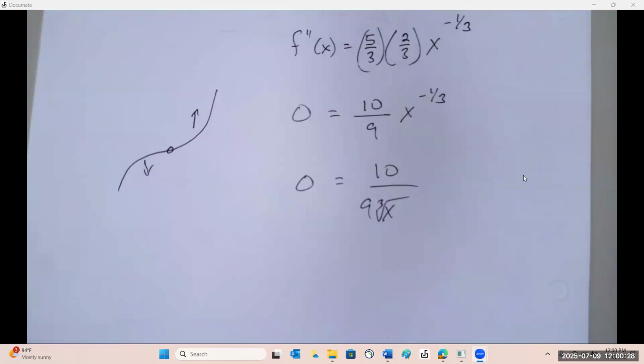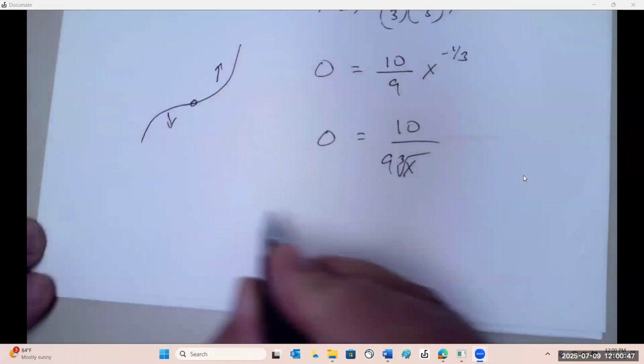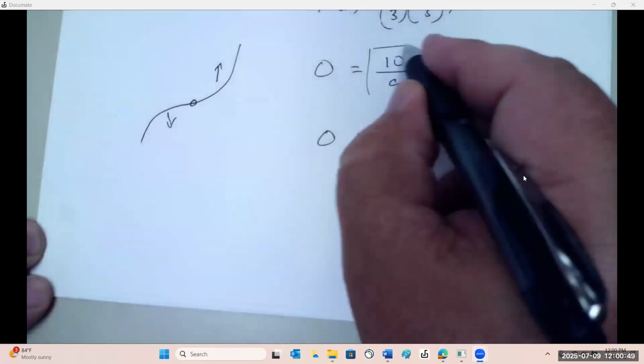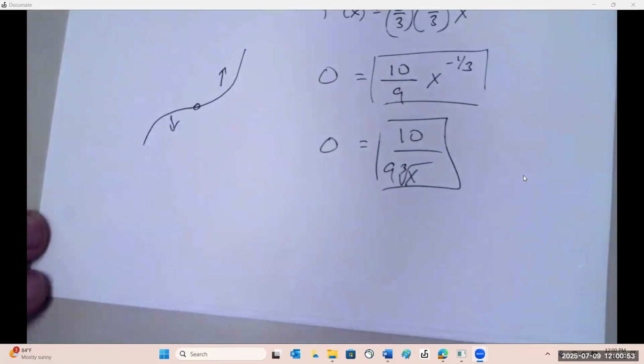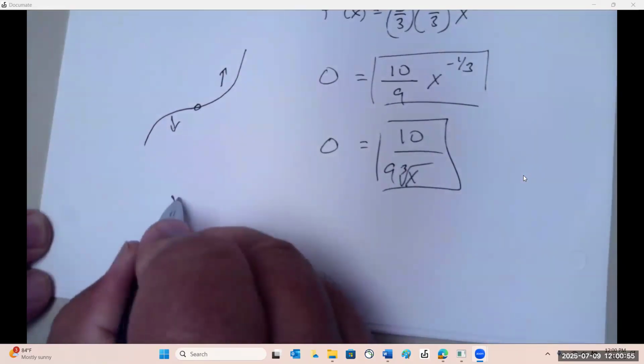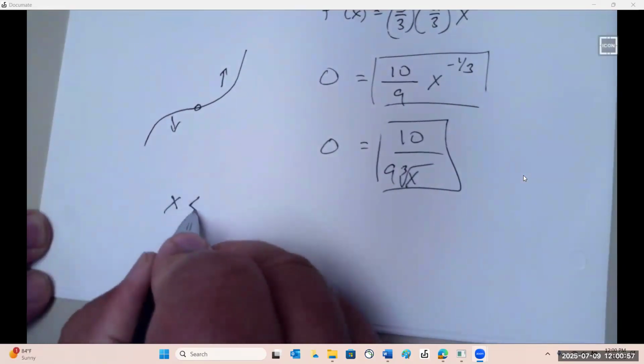It's an increasing function. So what do we look for there? How would we figure out what we need to know here? So we look at the second derivative, or this one here. What happens when x is negative?